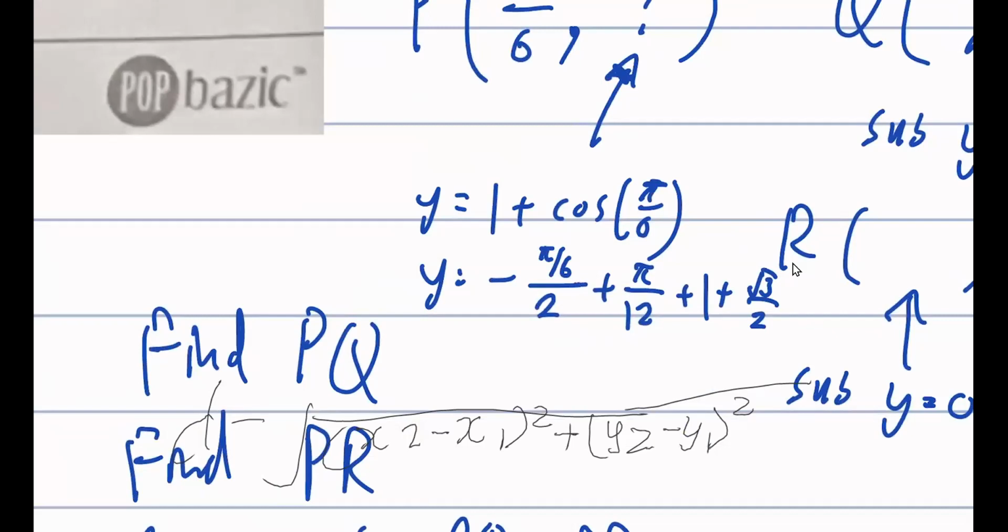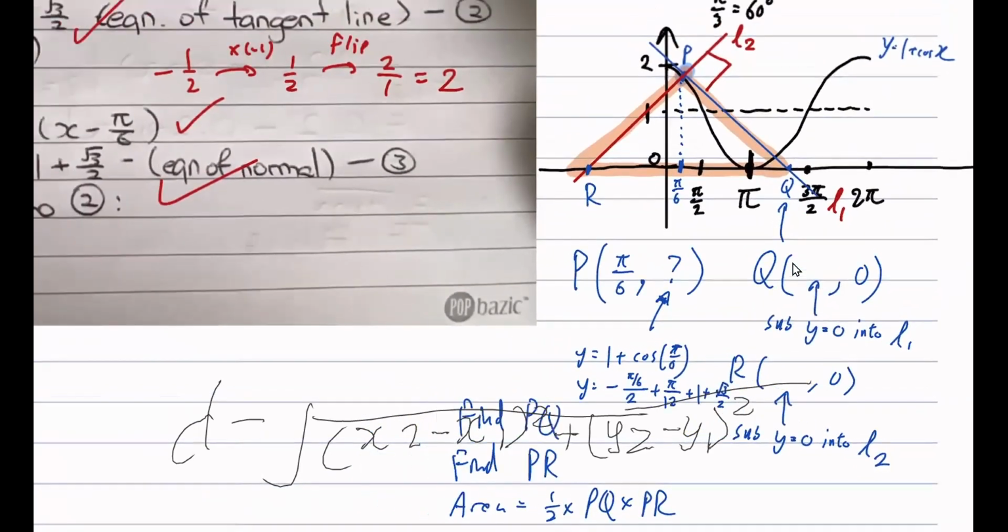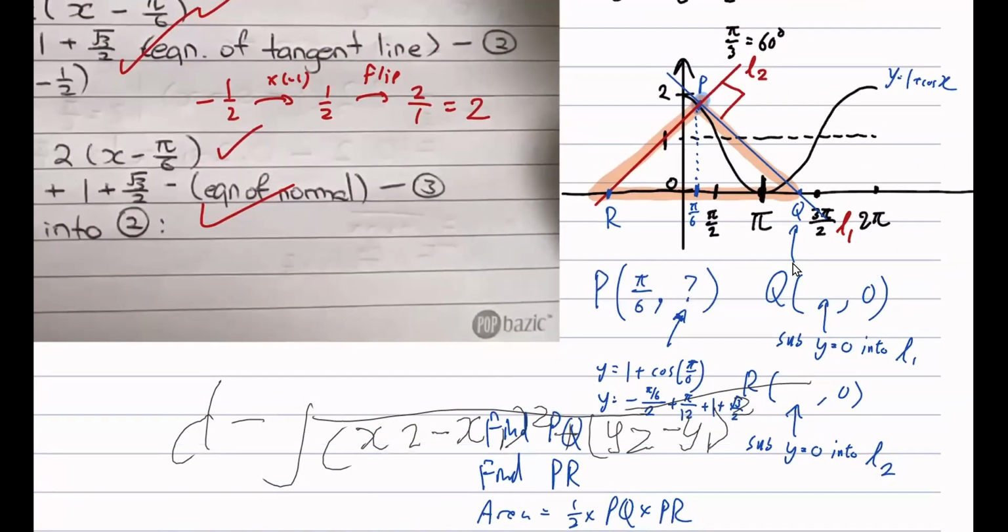Simplify this, I think you'll get the same answer. Cosine 30, yep, you'll get the same answer.